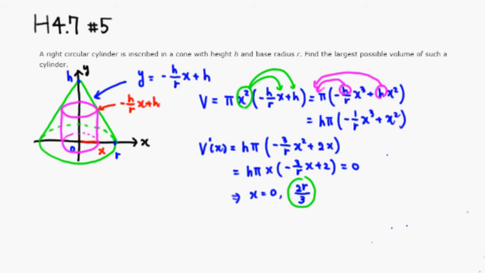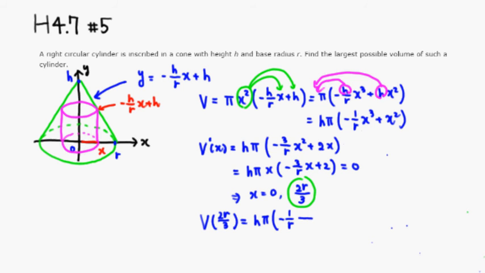So the volume V at 2r over 3 is, we have to simplify this. I'll plug it into h pi times negative 1 over r x cubed.